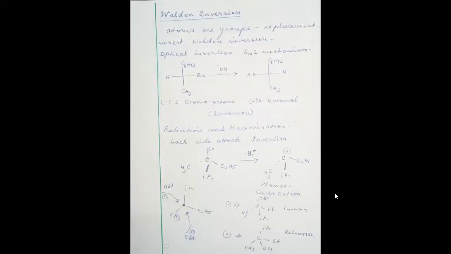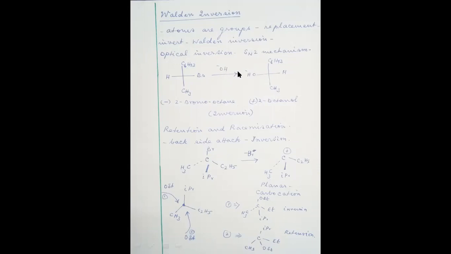Now, this is another important idea called Walden inversion. What is this Walden inversion? Look at this chiral carbon. This carbon is attached to bromine, hydrogen, a methyl group, and a C6H13 group, a hexyl group. And this is called minus 2-bromooctane.